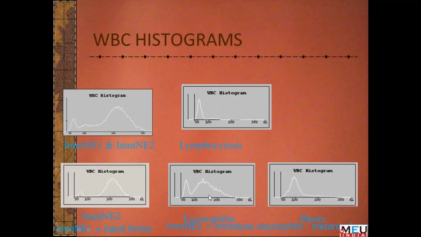In eosinophilia there are immature neutrophils. Here you can see that there is a peak in the middle as well as on the right. When there are some blast cells, there is a peak in the middle.